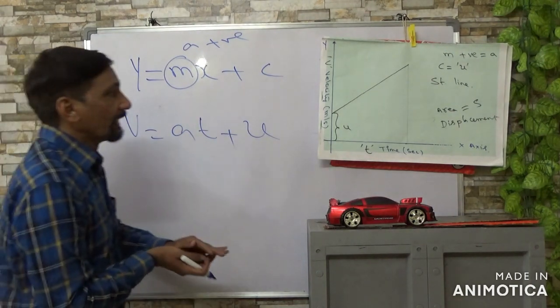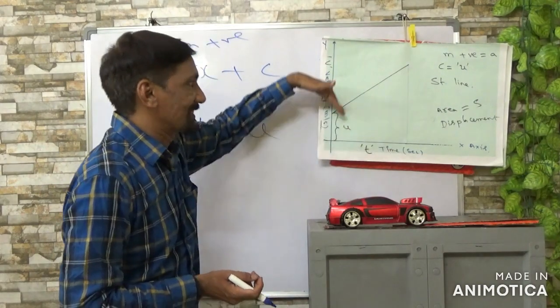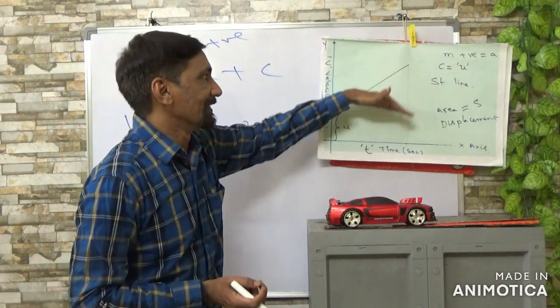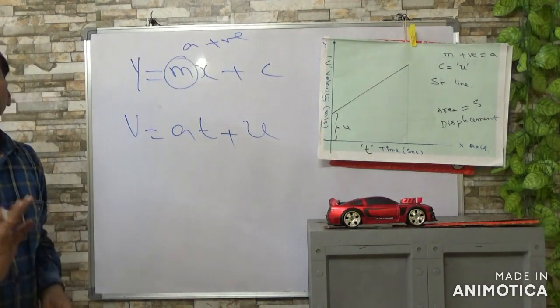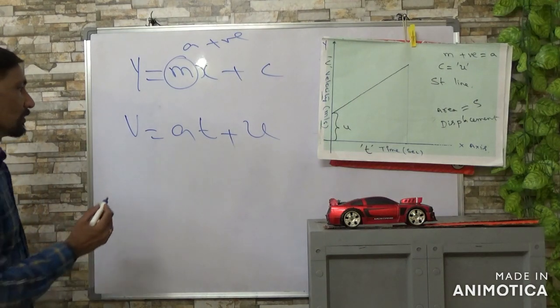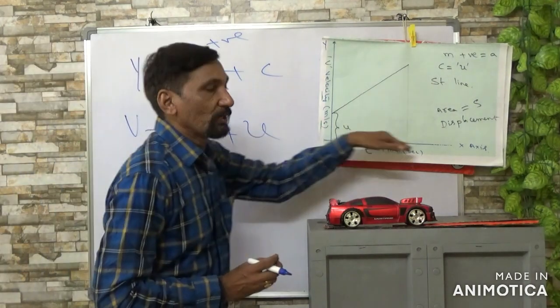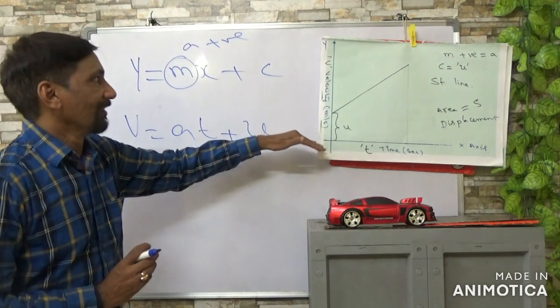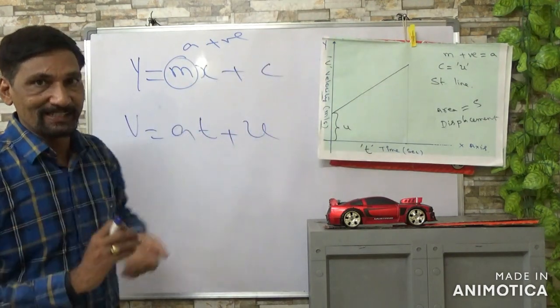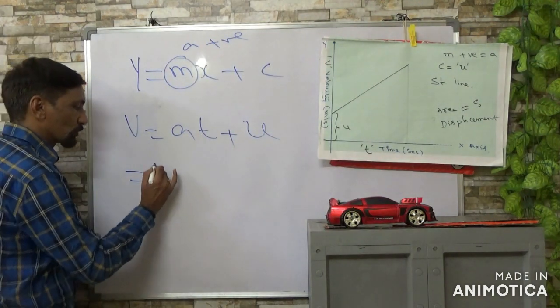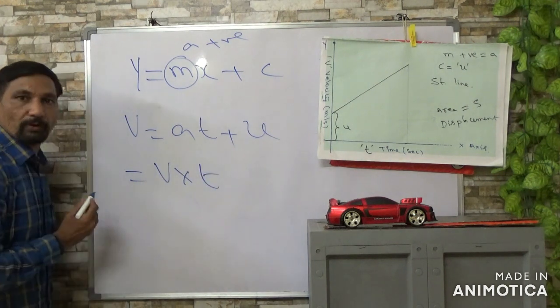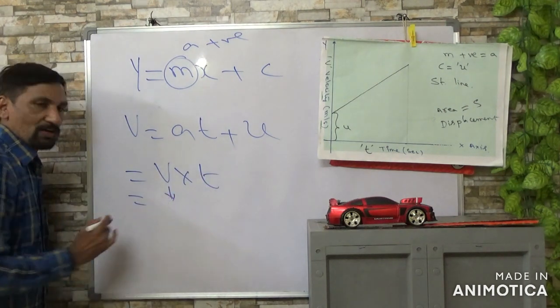Now the area swept by this, area covered by this is nothing but displacement. How? Because you see, time you have taken along x-axis, velocity you have taken along y-axis. So the product of these two. Okay, so what is the definition of velocity?